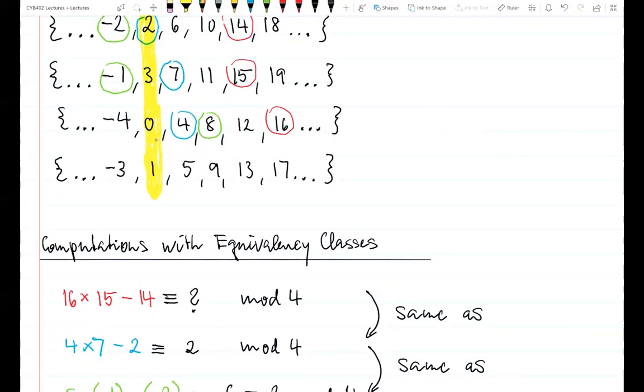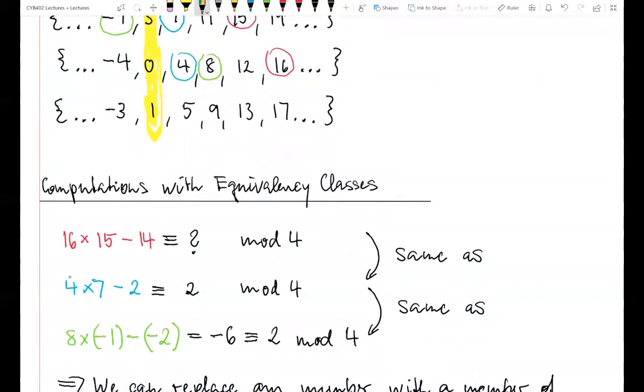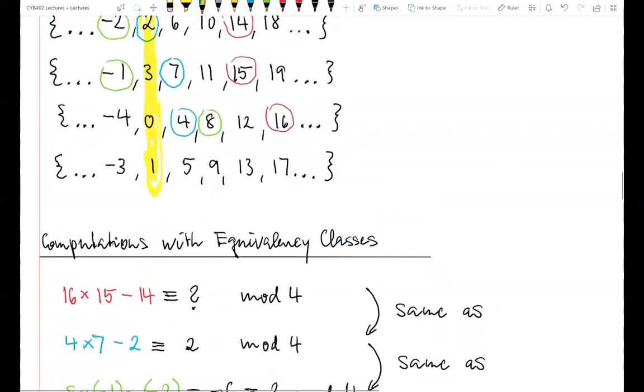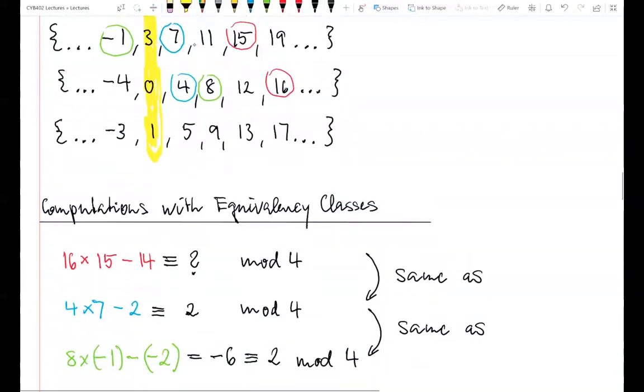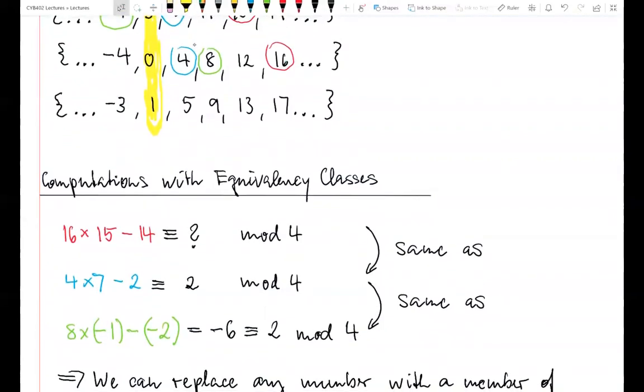Actually, we may choose 0, which is really cool, because then the product turns out to be 0. But anyways, let's just do that thought experiment. And 15 we replace with 7. So 4 times 7 is 28, minus 2 is 26.